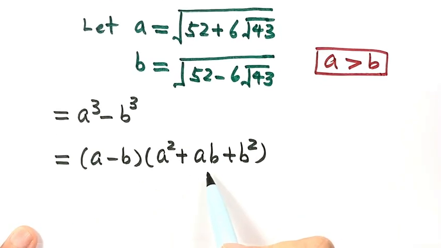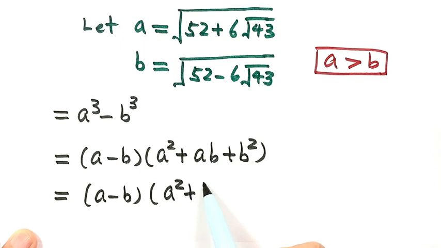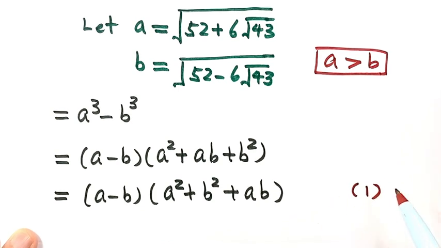Now let's rewrite this part: a minus b, then put these two together, a squared plus b squared, then plus ab.